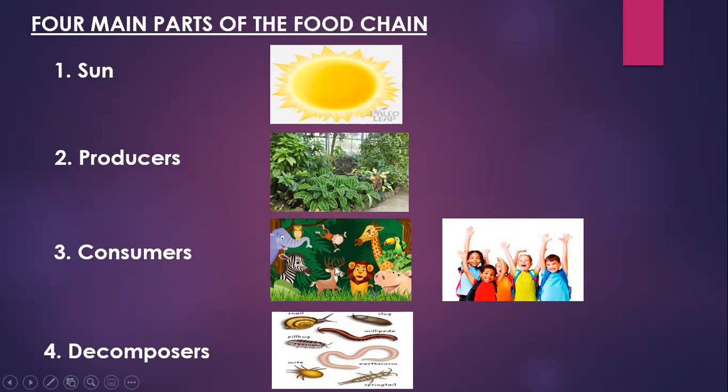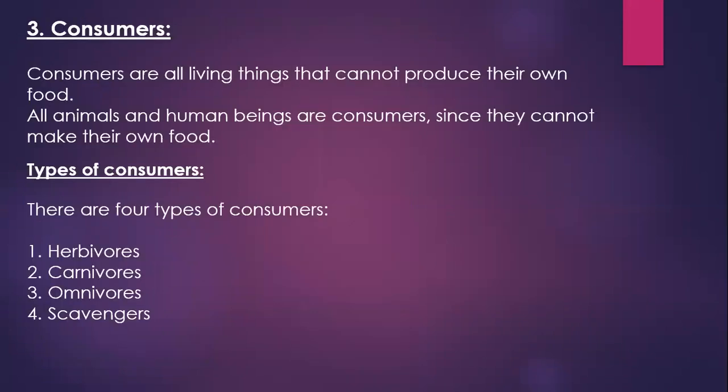Now, today we will learn about the consumers, the third part of the food chain. Consumers. Who are consumers? Those who consume food from animals and plants, just like these animals and human beings, they are the consumers. Just learn something more about the consumers.